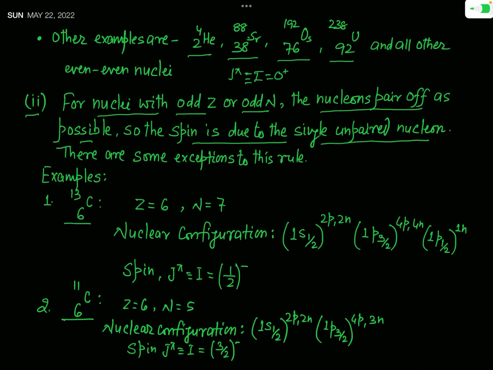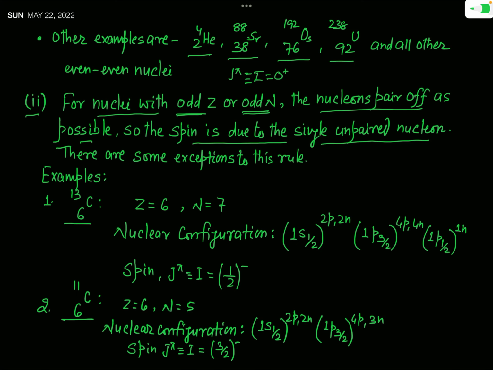In fact, if the nucleus has either Z number odd or N number odd, in that condition there will be a pairing of the nucleons, and there will be some nucleon which will remain unpaired. That unpaired nucleon will determine the spin and parity of the nucleus.